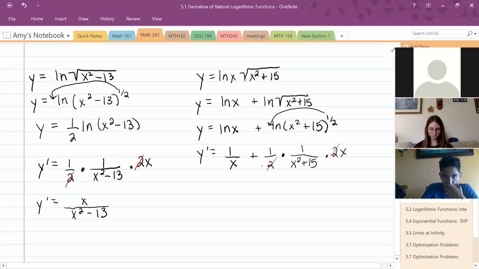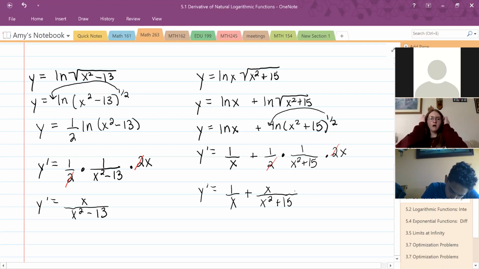So we can reduce the 2's, and we have 1 over x plus the numerator is x, and the denominator is x squared plus 15. You could stop there. There's no reason to get a common denominator and simplify it further.